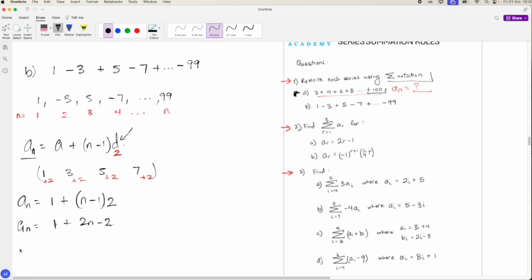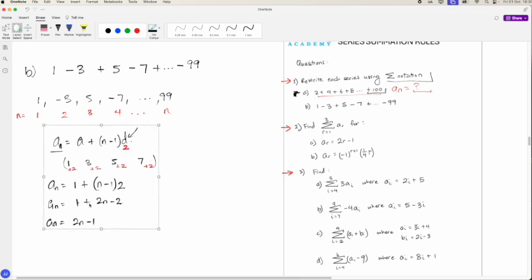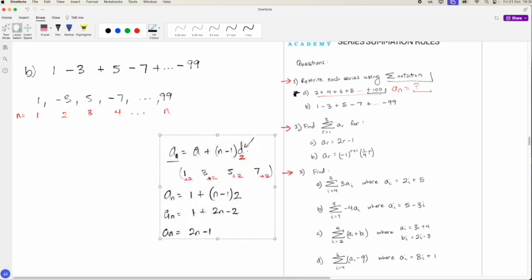And of course, 1 minus 2, a_n is 2n minus 1. That's quite interesting. So I know that 2n minus 1 will give me this normal odd number sequence here, 2n minus 1, right?